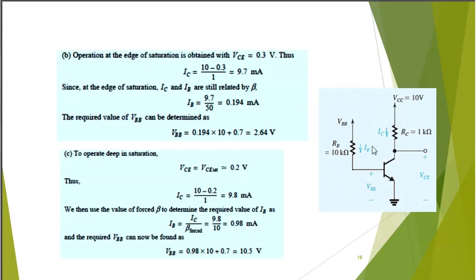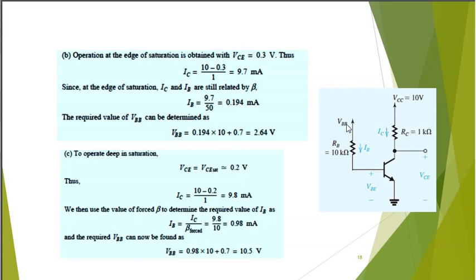So VBB minus the value of IB will be how much? 0.98, because IC was 9.8, it's going to be 0.98. So VBB minus 0.98 times 10 minus 0.7 will be 0. So in this case, VBB will be 10.5 volts.